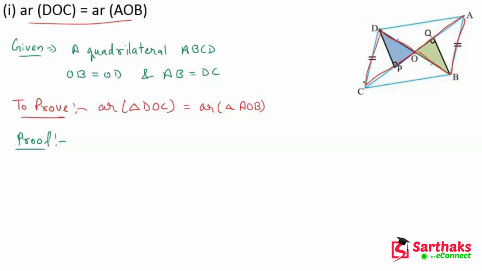First of all, let us draw DP, which is perpendicular to AC, and BQ, which is perpendicular to AC.